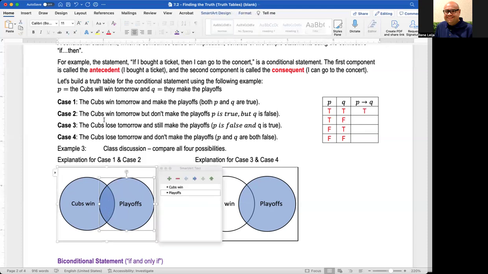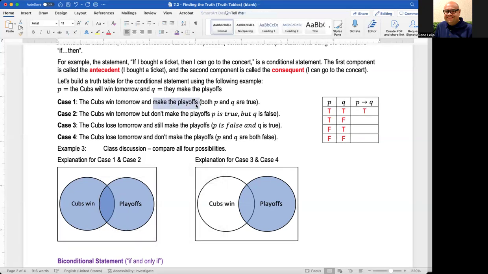But it doesn't make sense because it said that if the Cubs win tomorrow, they will make the playoffs. So how could they win tomorrow and on one hand make the playoffs and on the other hand not make the playoffs? So this one is false.